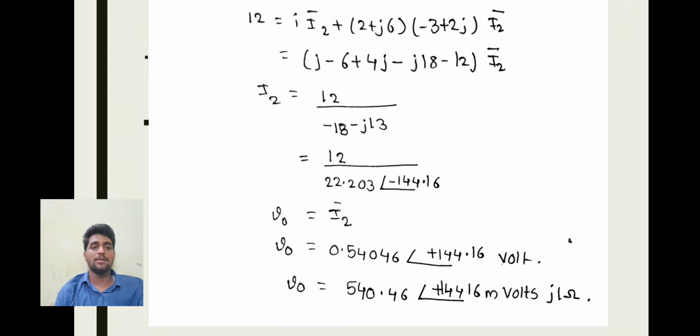V0 equals 0.54046 angle plus 144.16 volts, that is 540.46 angle plus 144.16 millivolts across the 1 ohm. It is the final V0 from the given circuit.